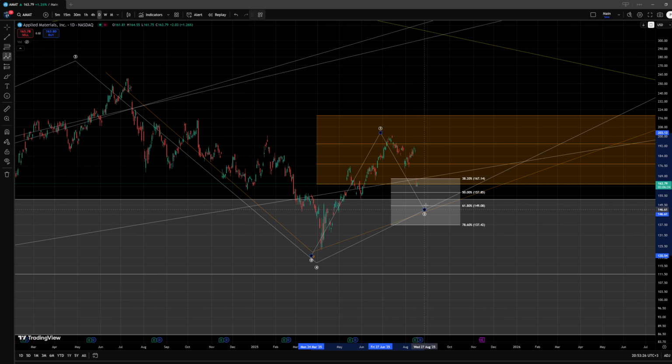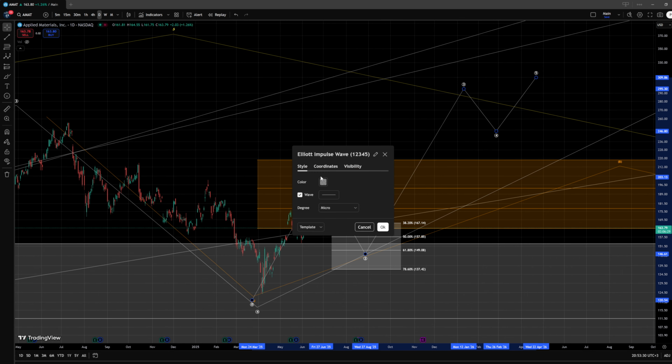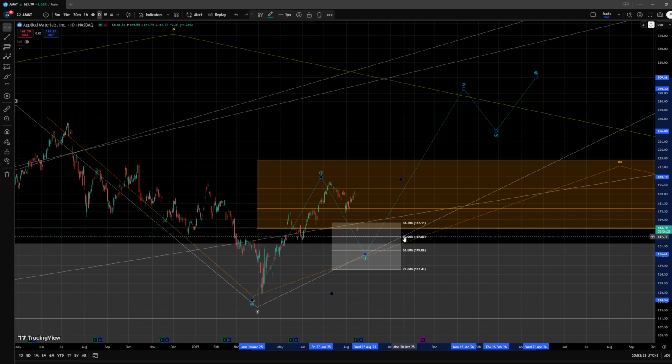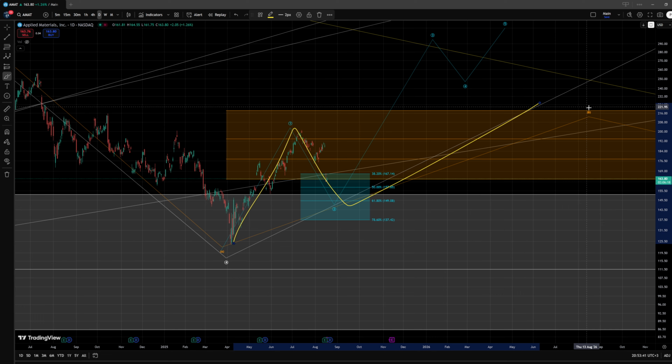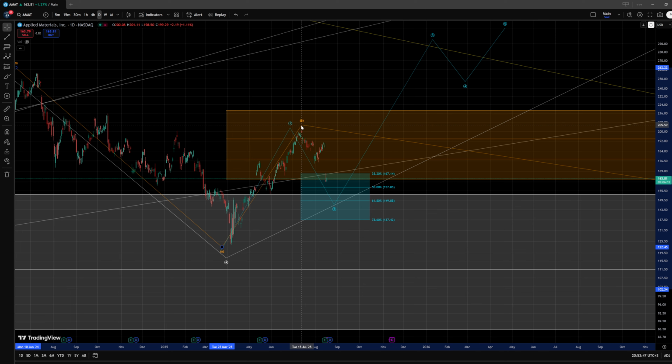And I will even add a provisional count on the chart, and let me make this, let's say, the blue interpretation, and then let's also make this blue. It could be just an ABC in the orange scenario where we reset this B wave top. At the moment we could push directly lower.